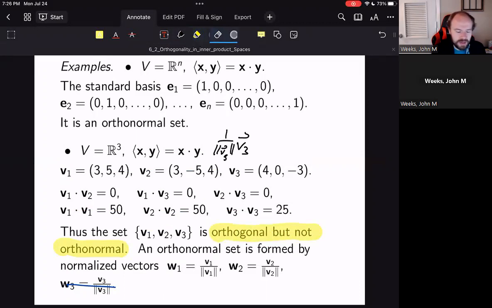I could take the norm of each of those and divide it by its respective norm. So if I have an orthogonal set, I can get it to be orthonormal. We can write these 3 vectors out, just normalizing them so that each of them has length 1.